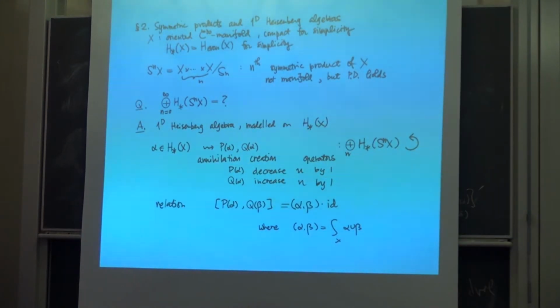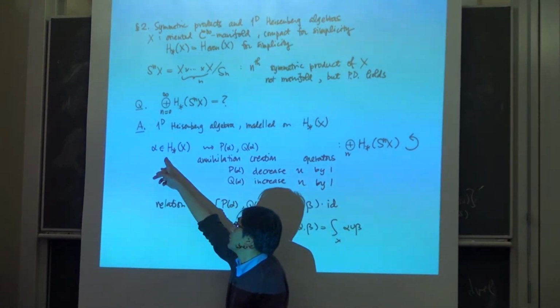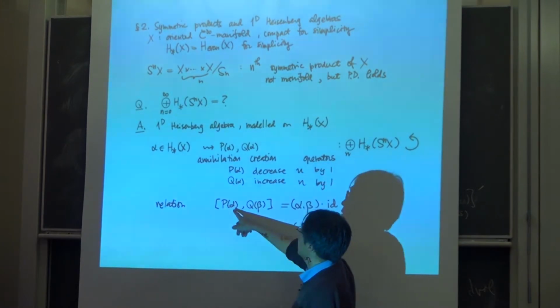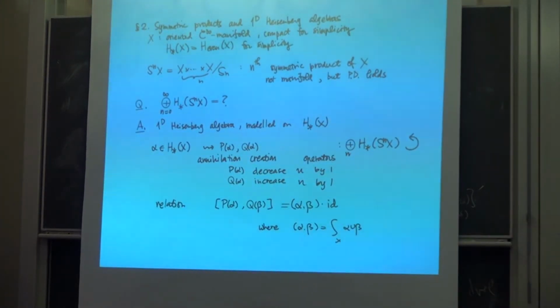Then we have a relation. I take two homology classes, alpha and beta, from the base, and I consider the corresponding operators P alpha and Q beta. And then I compute the commutation relation.